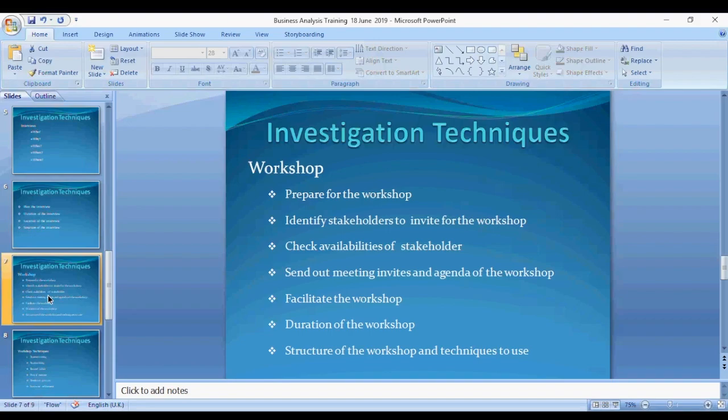Because if you cannot get a location for the workshop or a meeting room that you're going to use, there's no point in sending out the meeting invite to people. That's just my own advice. You make sure you get the venue, the location or the meeting room, before you send out the meeting invite.